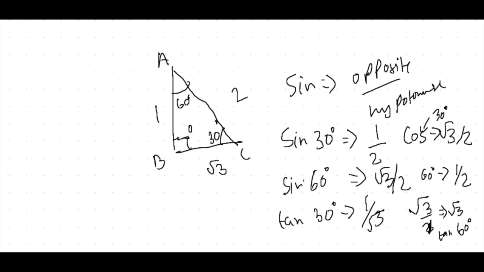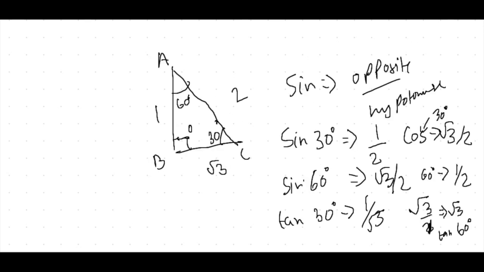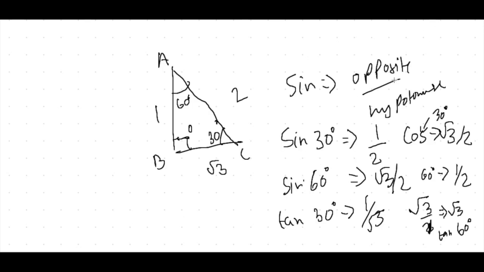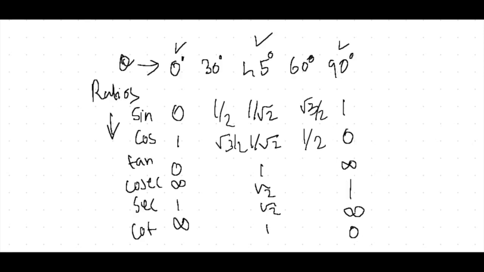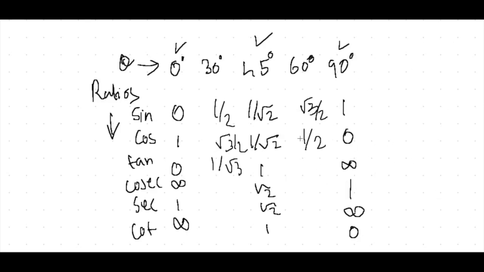So moving back with these values, you get 1 by 2, and you get root 3 over 2, this would be root 3 over 2, this would be 1 by 2, and you get 1 by root 3, 1 by root 3, and root 3.